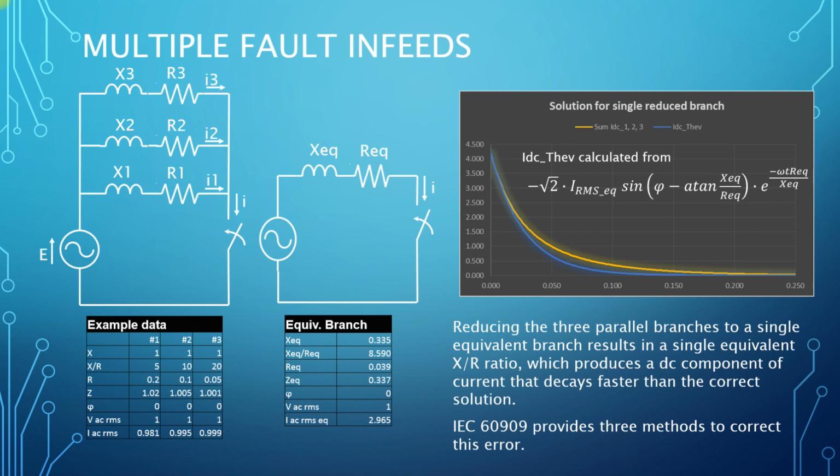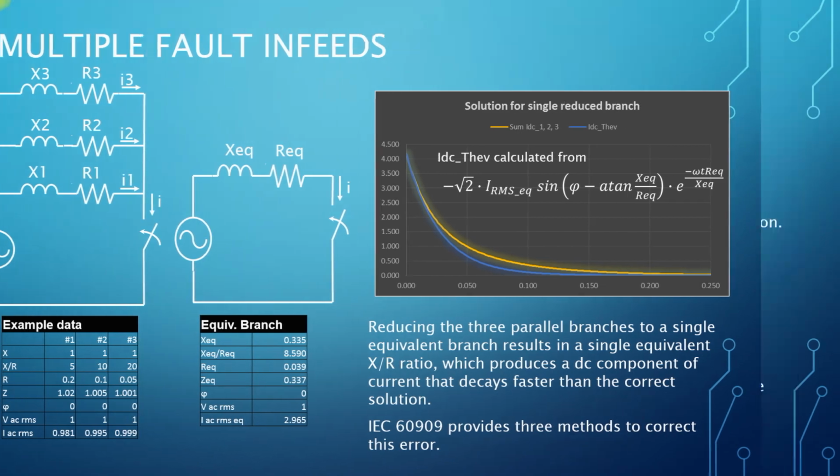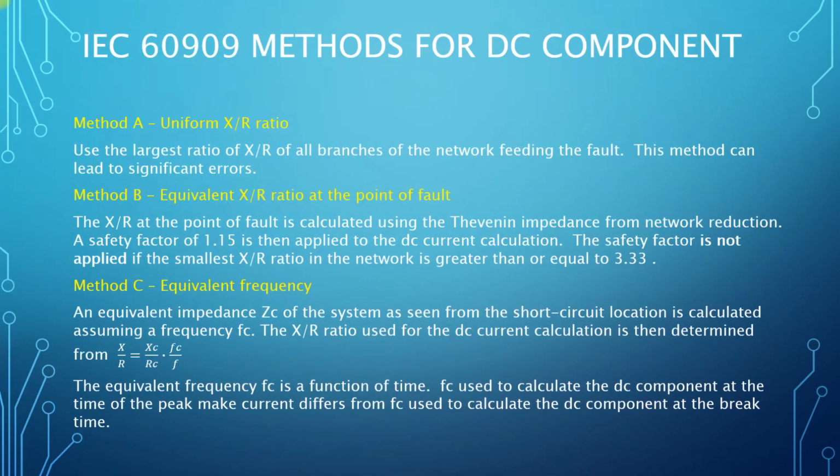Now, IEC 60909 provides 3 methods to correct for this error. Method A is the so-called uniform X upon R ratio. Essentially, it looks at all branches which are feeding the fault.